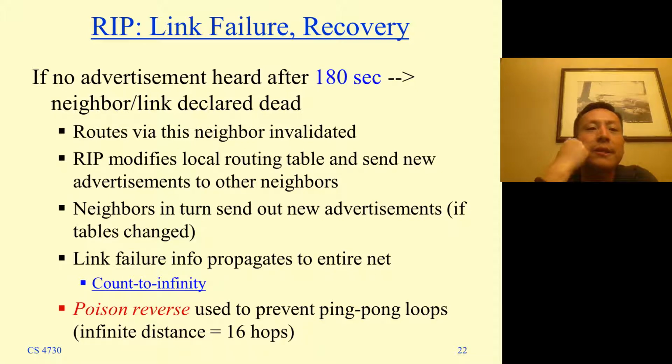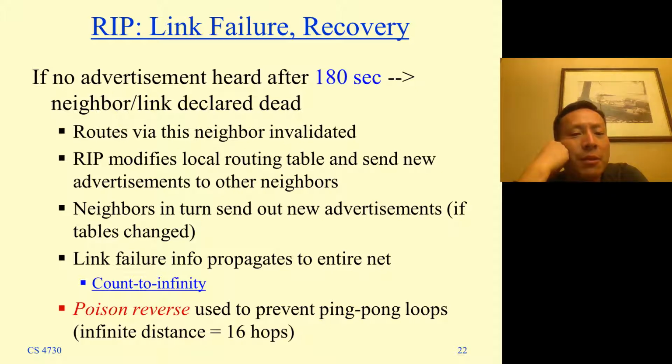So what is designed in RIP is that if no advertisement is heard after 180 seconds, then you believe that link is down. It's gone, right? It's declared dead. And in that case, the route via that neighbor is invalidated.